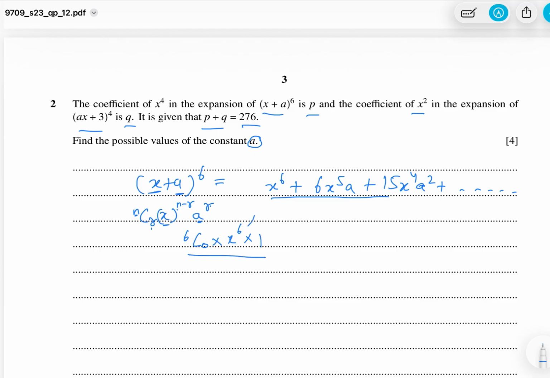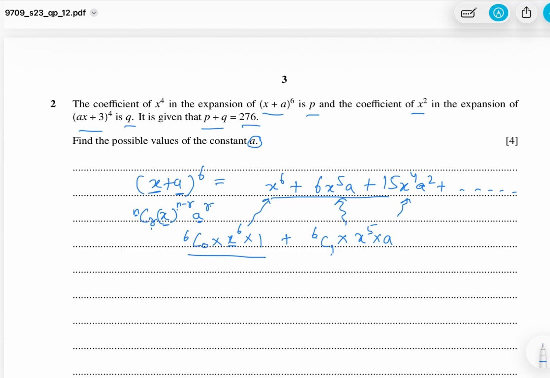So by this we will have x to the power 6. For the second term we will have 6C1 times x to the power 6 minus 1, which is 5, so x to the power 5, and a to the power 1 is a. See, we will get this term. Like this we will have the next terms.